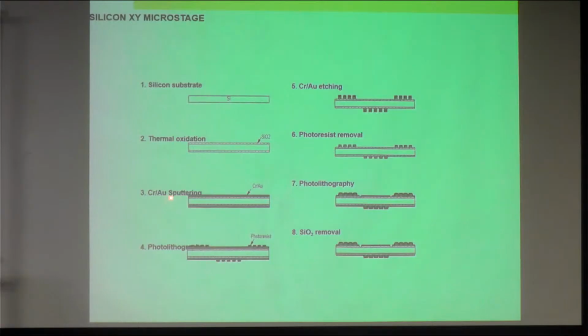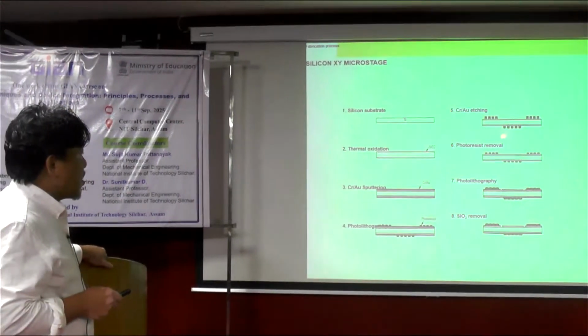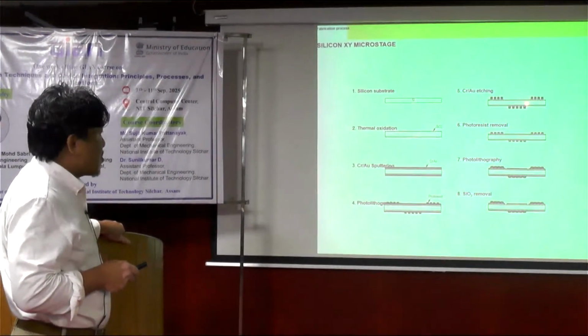Then we sputter a layer of chrome and gold on both sides, because of the requirement for electrical circuitry. Then do the photolithography to pattern the electrical circuitry. Then etching to remove the materials to form the pattern.